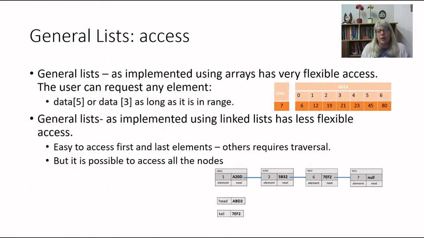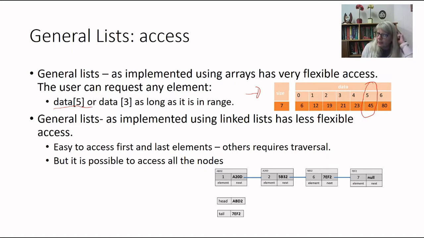Okay, let's talk more about general lists before we go to the restricted list. So for unrestricted lists, if we have an array implementation, you know an array is drawn like that with all the items next to each other, I can say data 5. That means I have direct access to the fifth element in the array. You never thought that is so special, hey?